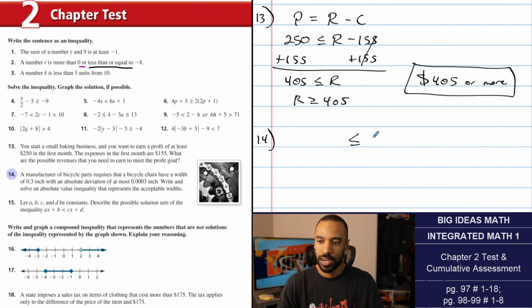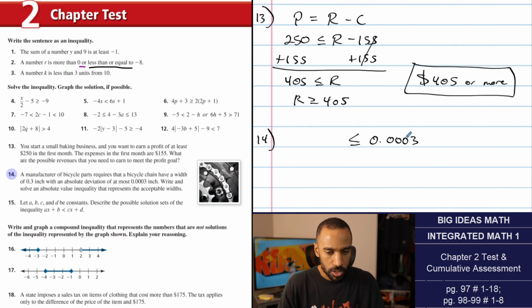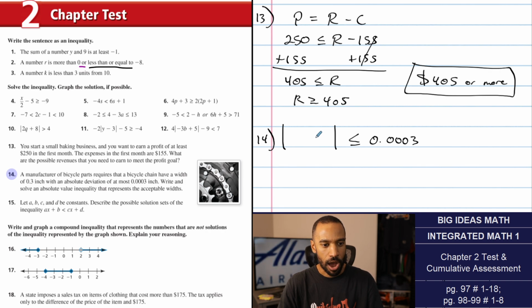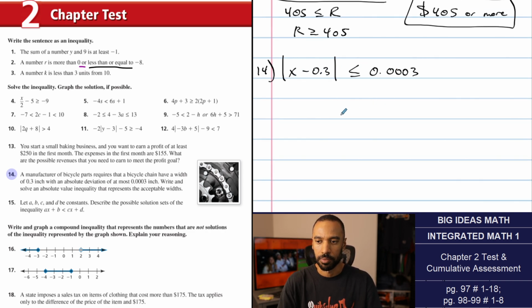Write and solve an absolute value inequality that represents the acceptable widths. We have to be within 0.0003 inches of this difference between our bike chain width and 0.3 inches. The difference between these two must be within 0.0003. So we set that up as, I tend to do the single inequality in this one.